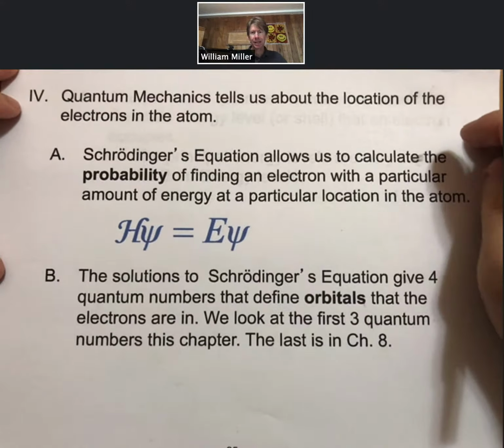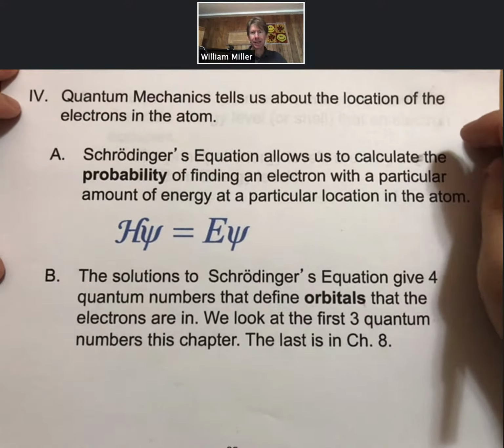So the 1s orbital is also the 1s sublevel. Now, if that was it, then life wouldn't be so bad. Now let's go on to the second principal energy level.